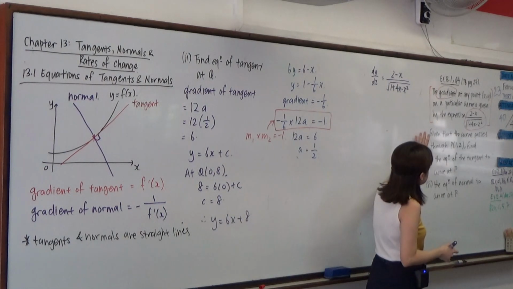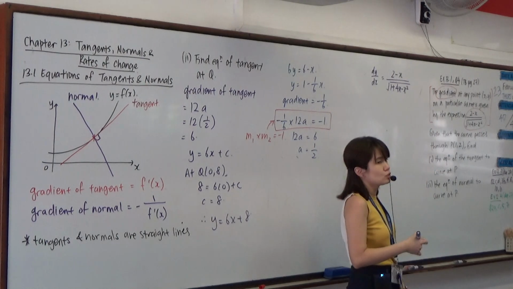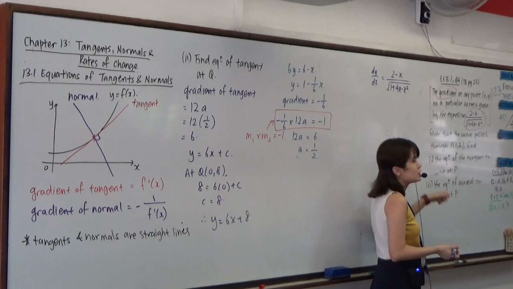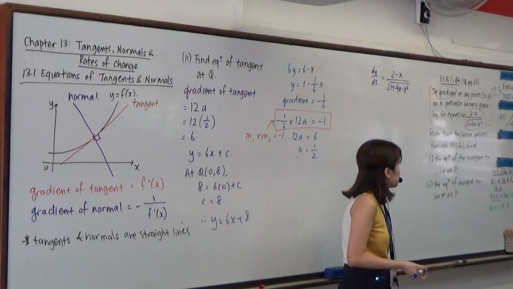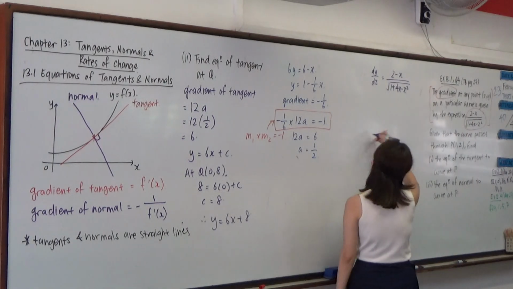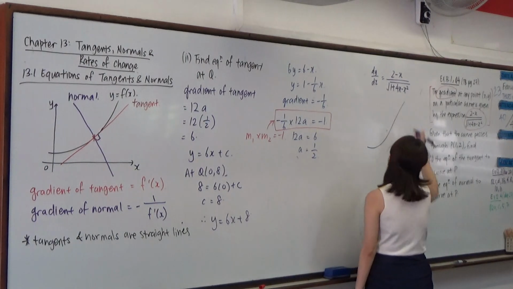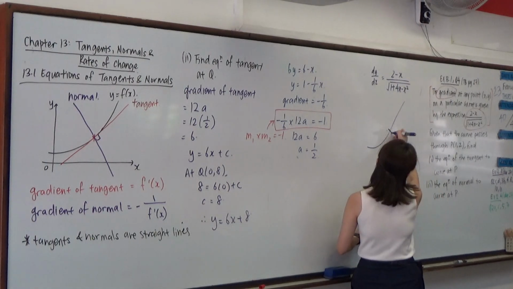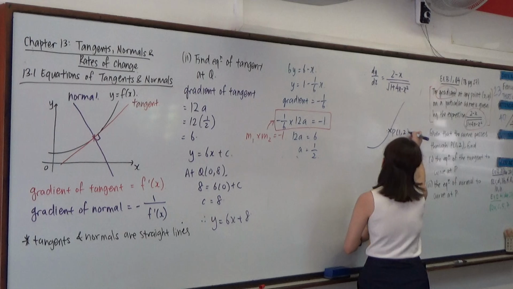Then it says that given that the curve passes through a point, we want to find the equation of the tangent to the curve at P. We still do not know the equation of that curve. It can be just one random curve like that. We have a certain point P (1, 2) over here.